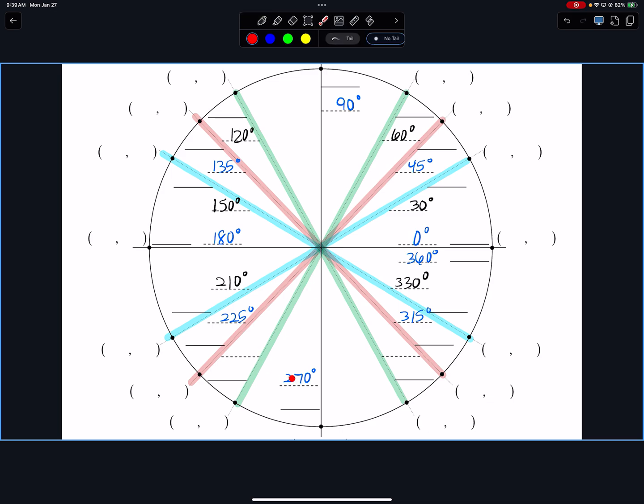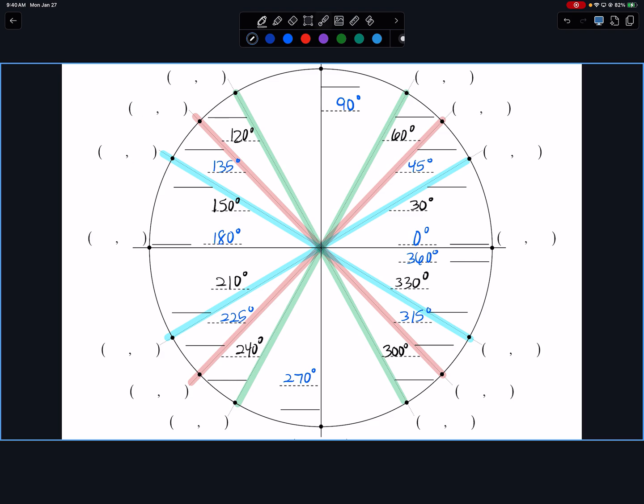These are 30 degrees apart. So going backwards, 270 minus 30 gives me 240. If I add another 30 degrees, this gives me 300. Okay, so these are all of my degree angles of my unit circle.